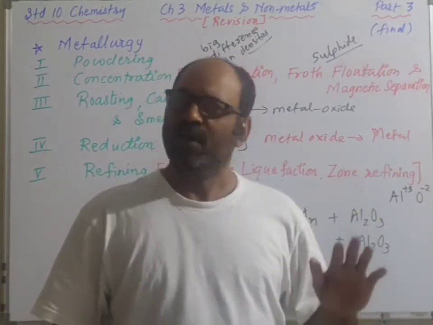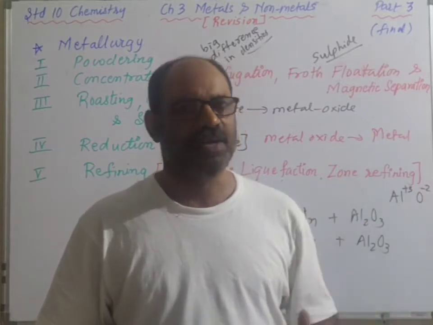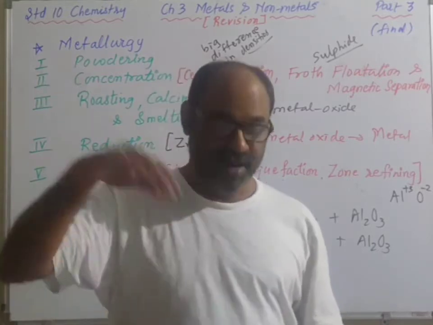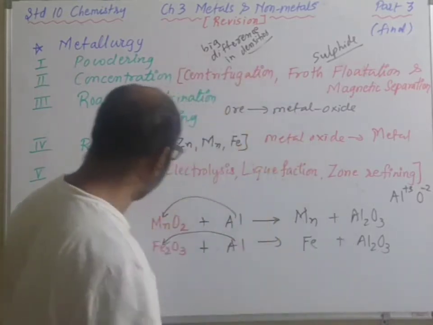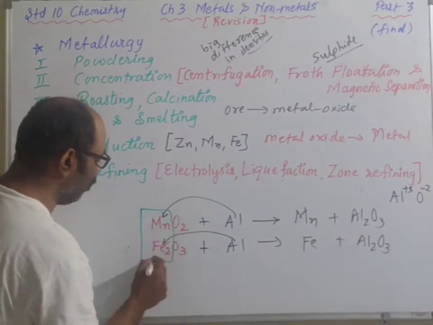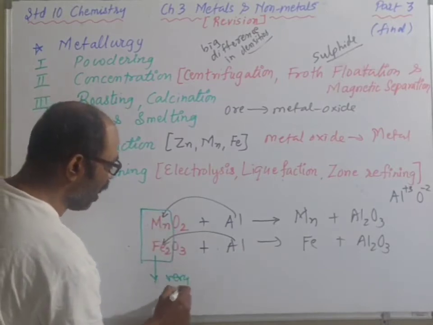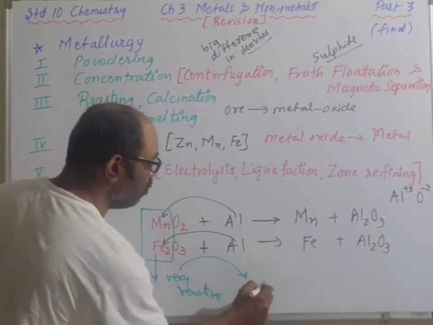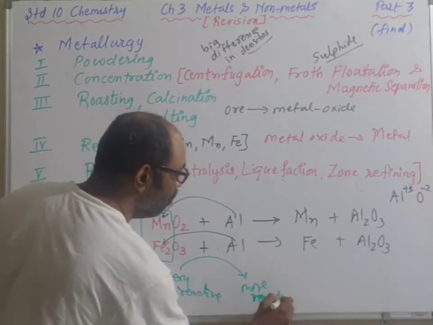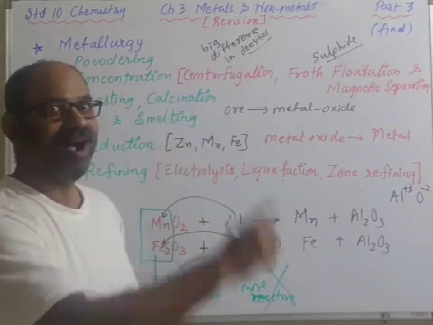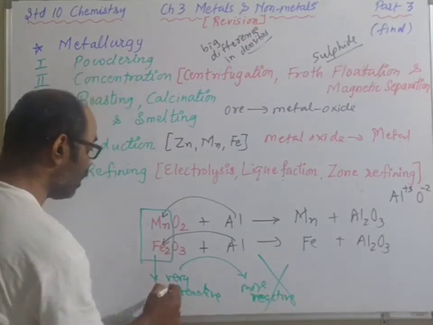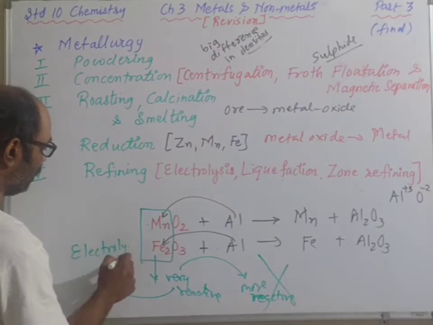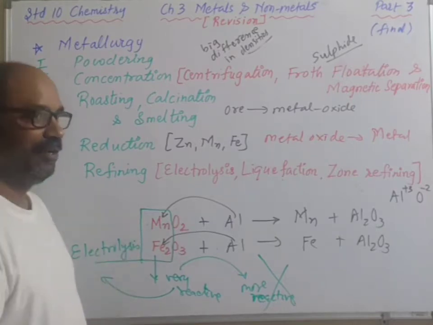And if the metal oxide is neither reduced by carbon nor carbon monoxide, then it is reduced by a more reactive metal. But children, the metal in these oxides may itself be very reactive. If it is very reactive, then it will not be reduced even by a more reactive metal. Then such metal oxides are reduced by electrolysis.